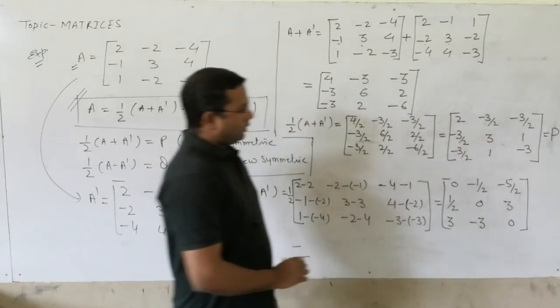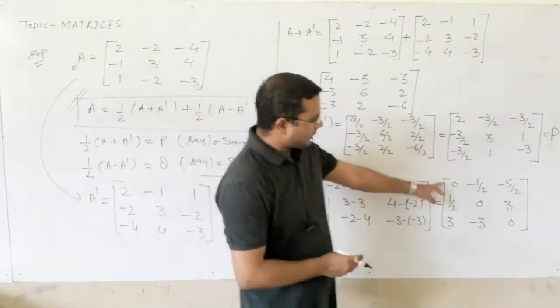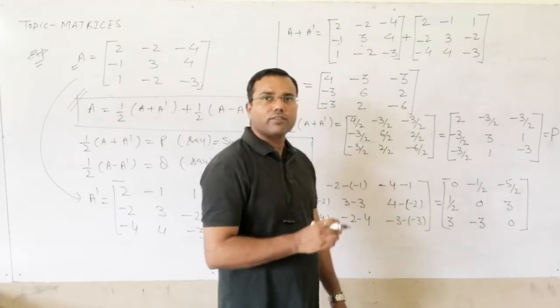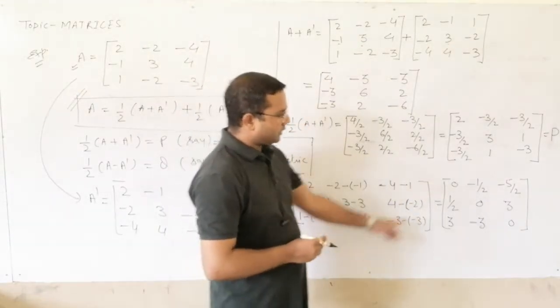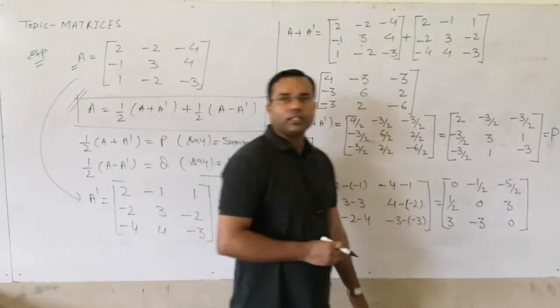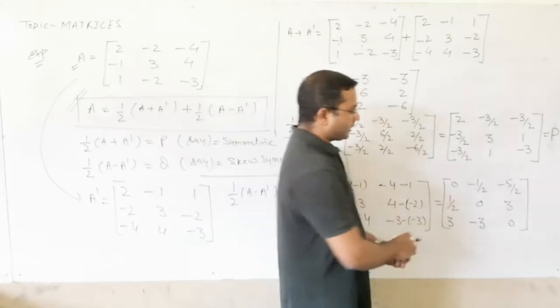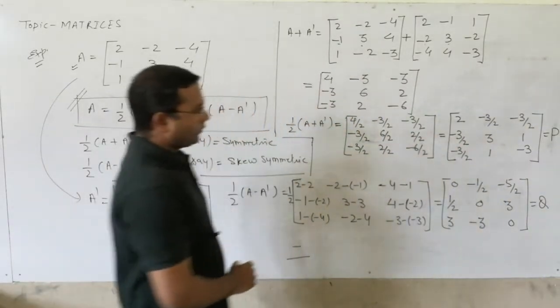So you can just have a general idea from here only, because the principal diagonal elements, if you will notice, these all are 0, and we have discussed one property also. In a skew symmetric matrix, always the elements along the principal diagonal remain 0. So that is why we can say this is a skew symmetric matrix. We can say this is equal to Q.